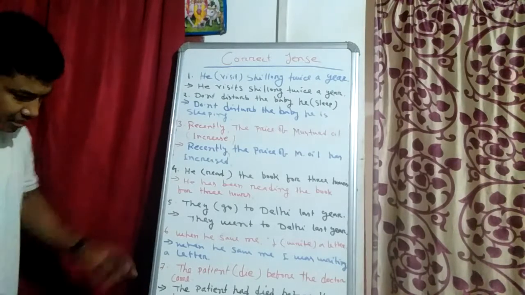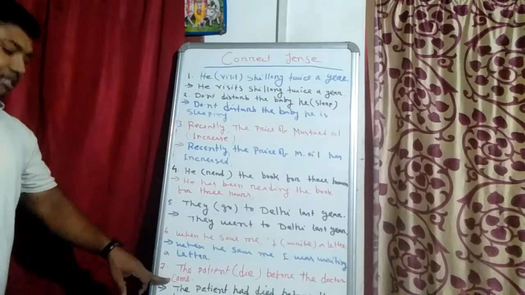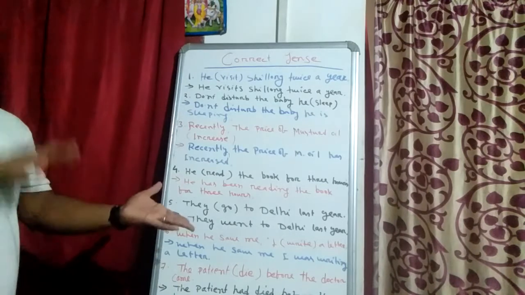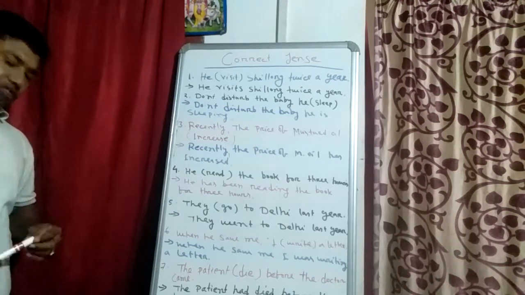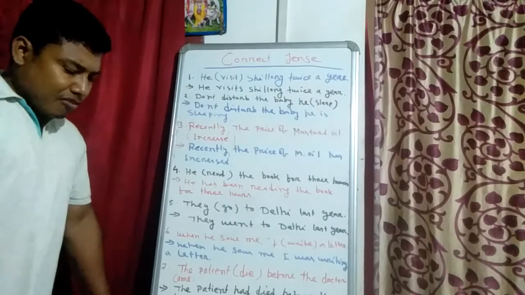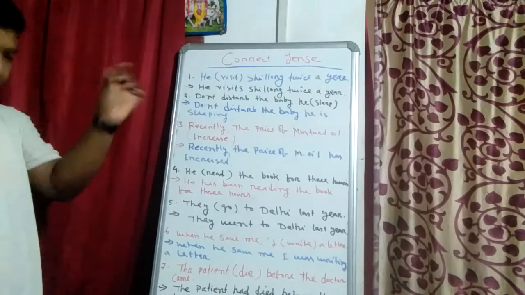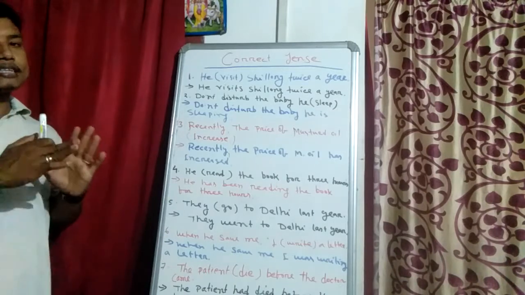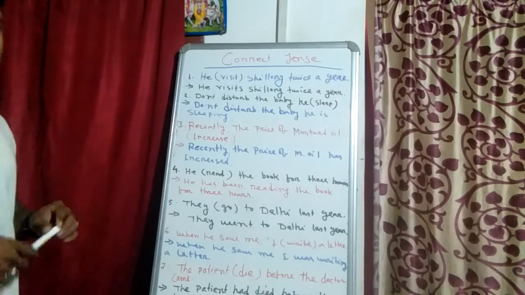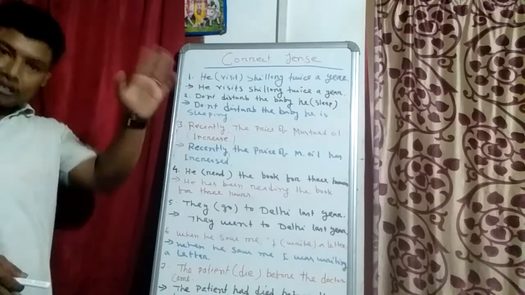Here, if we analyze it, the person died before the doctor came. Here came is given, verb in second form, so it is an example of simple past tense. But if we take another example from future perfect tense, suppose: my father reached home before the guest arrives. Before the guest arrives, now father will come and guest will come.